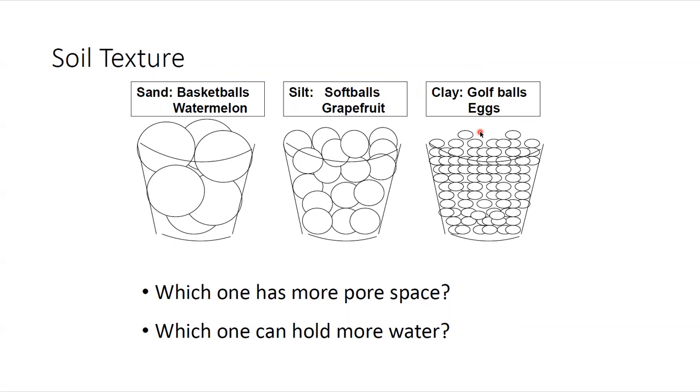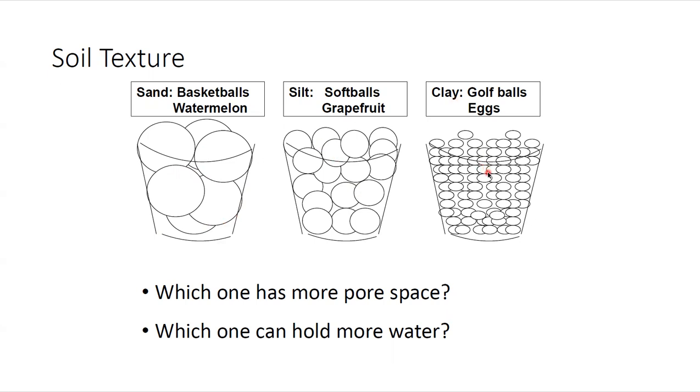Okay, so I think we've already answered this question, but looking at this, it's very deceiving, right? If we didn't already talk about it, usually the answer that I get for which one has more pore space is sand. Which one can hold more water? Sand, right? Because the pores are larger. The actual pores within this space are way bigger than the softballs and way bigger than the golf balls.